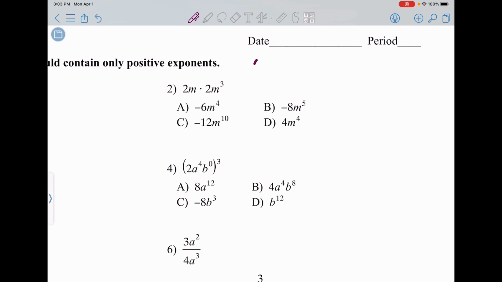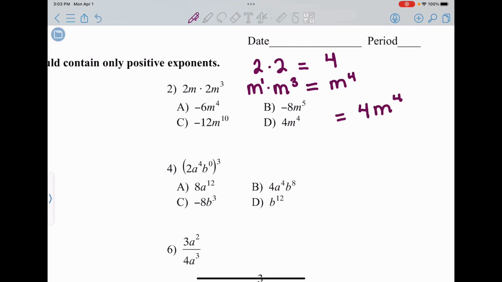So I'm going to do 2 times 2 because those are my coefficients, and I'm going to do m times m to the power of 3. 2 times 2 is 4, and when we don't see an exponent, it's an imaginary 1. And when we multiply with exponents, we add the exponents together. So 1 plus 3 will give me m to the power of 4. And so altogether, my answer is 4m to the power of 4, which would be D.